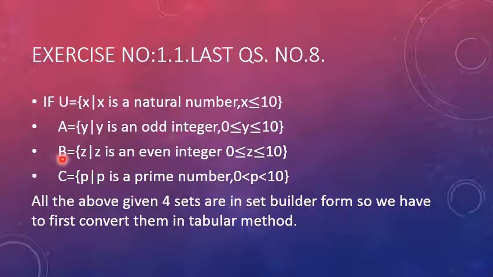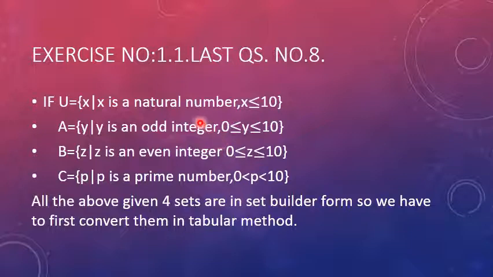Now the third set B consists of small z such that z is an even integer, and the range is again given, 0 is less than or equal to z is less than or equal to 10. Now the last and final set C consists of all small p such that p is a prime number, 0 is less than p is less than 10.